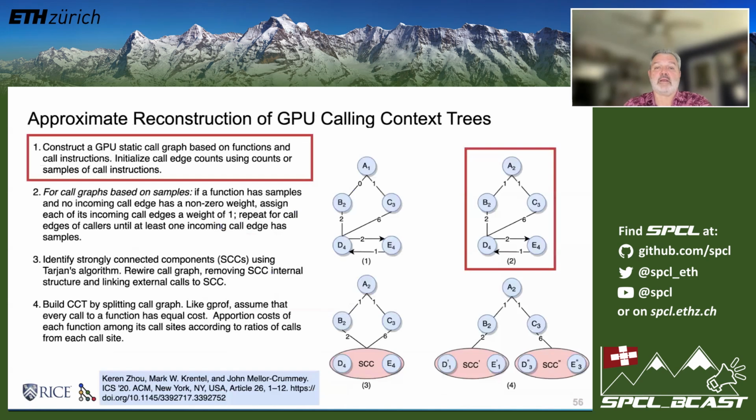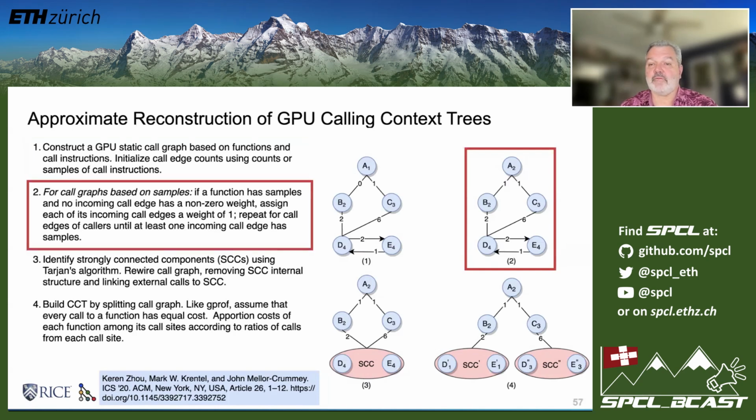So how do we do that? We're collecting flat PC samples, and we're reconstructing an approximate calling context tree to attribute the costs within the kernel. The first thing we do is construct a static call graph based on the functions and the call instructions. Then we initialize counts for all of the edges with the samples of the call instructions that we took in the code.